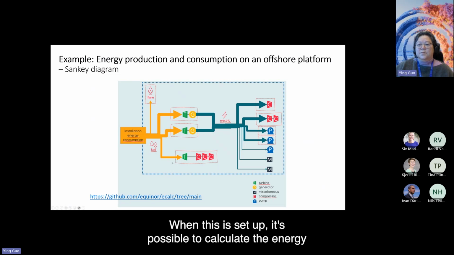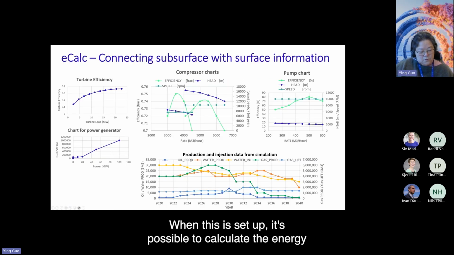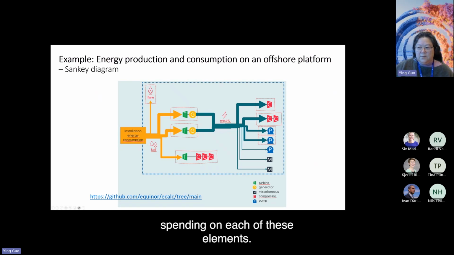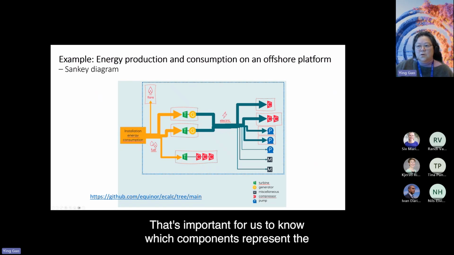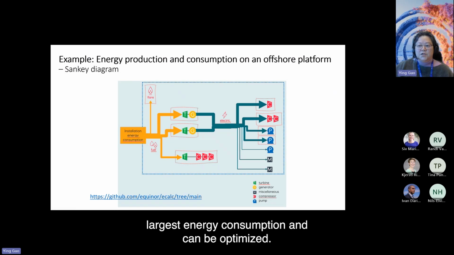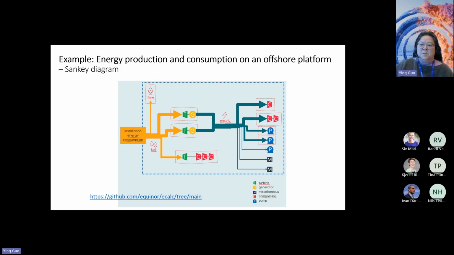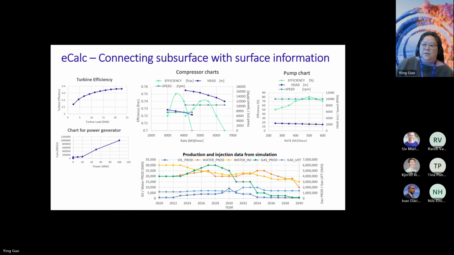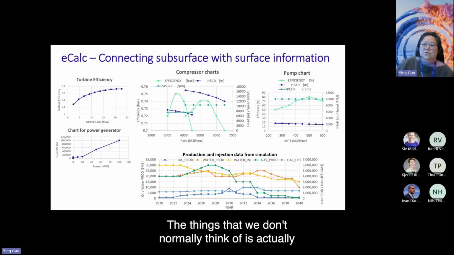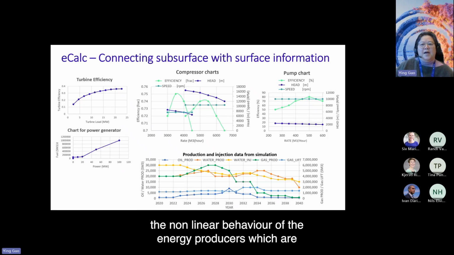When this is set up, it's possible to calculate the energy spending on each of these elements. That's important for us to know which components represent the largest energy consumption and can be optimized. The thing that we don't normally think of is the non-linear behavior of the energy producers, which are turbines.